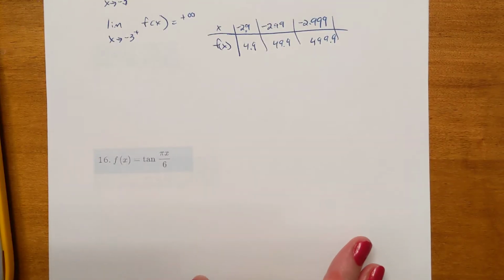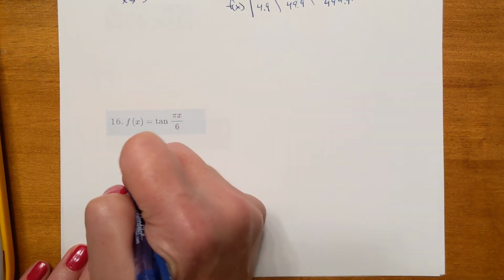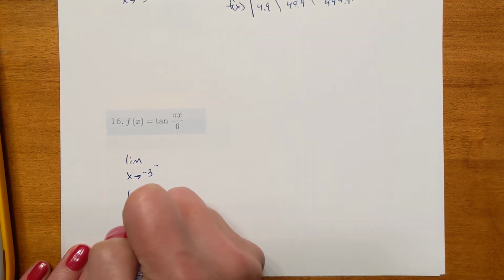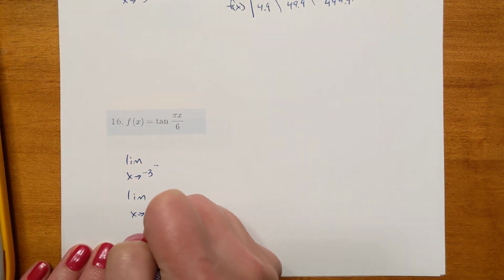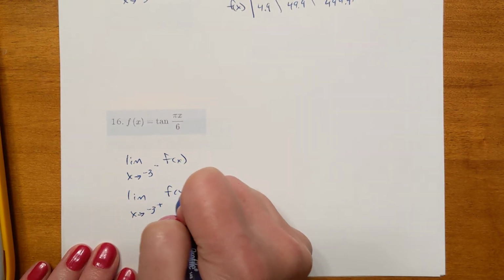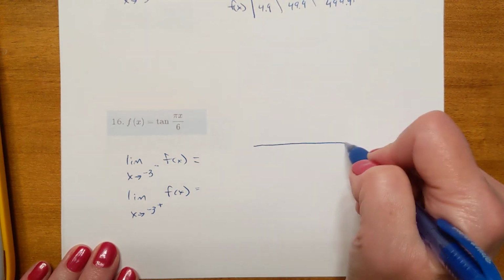Okay, same thing down here with the tangent. So they want you to find the limit as x approaches -3 from the left, and the limit as x approaches -3 from the right for f of x. So I'm just going to reuse my same tables from up there.